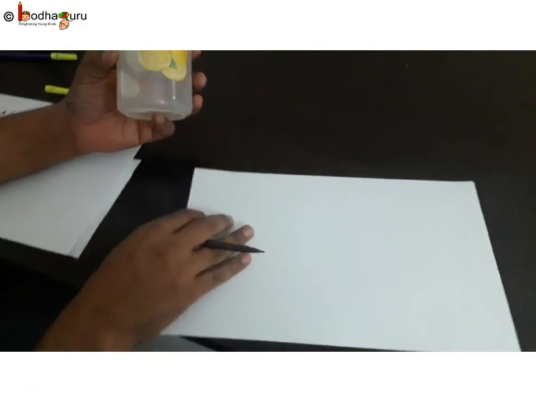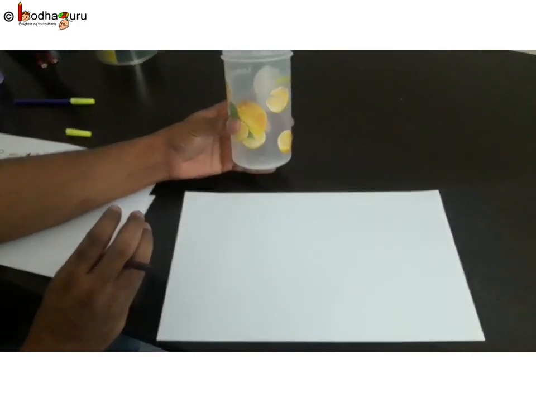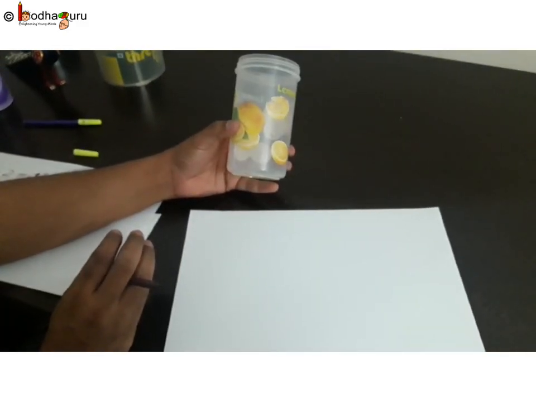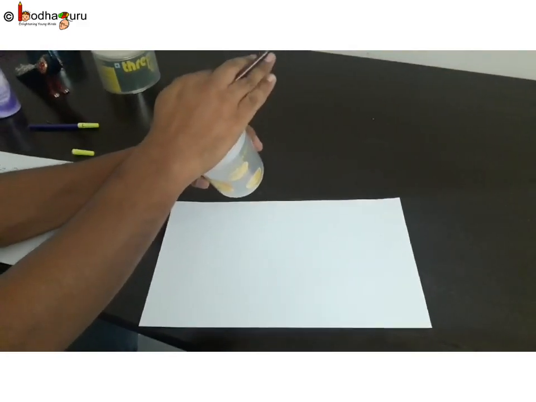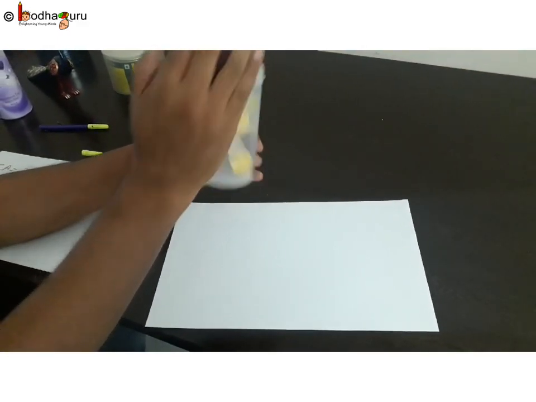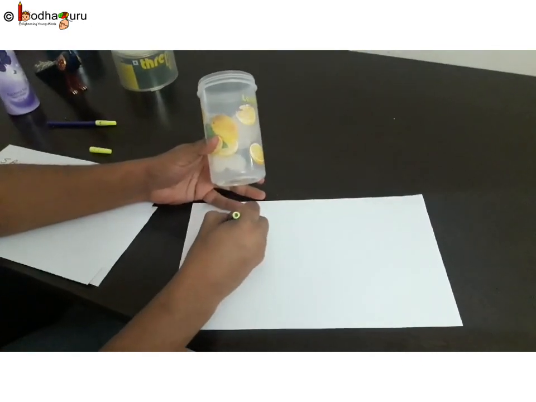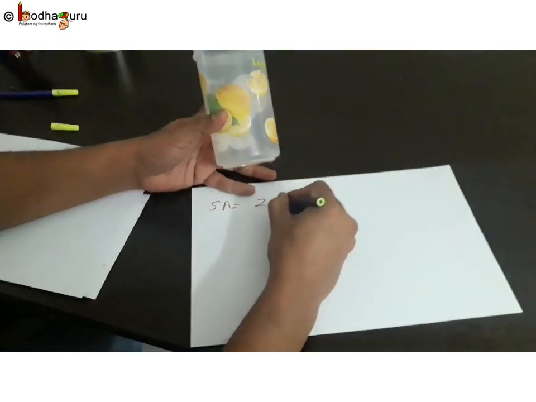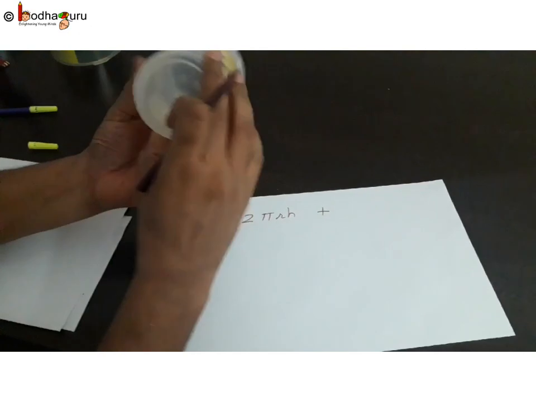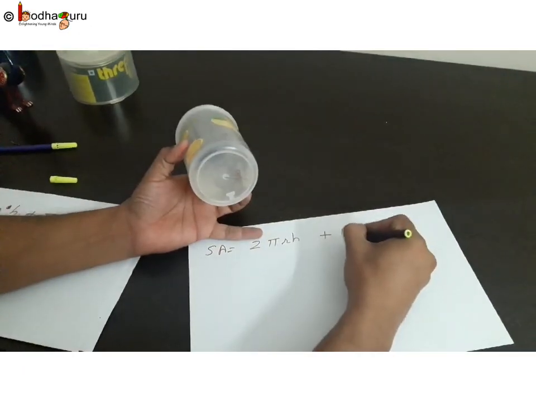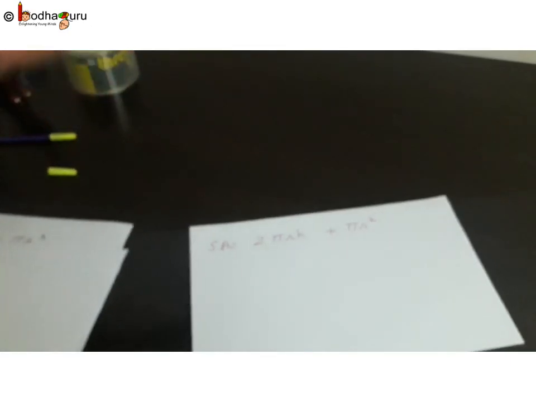Suppose you need to be a little cautious here. Suppose we have an open container here, right? In case of an open container, we don't have the circular face on the top. There is no lid here, and we need to find the surface area of this one. How do we do it? We do surface area of the circular part, which is 2 pi r h, plus the area of the base, which is a circle, which is pi r square, right?